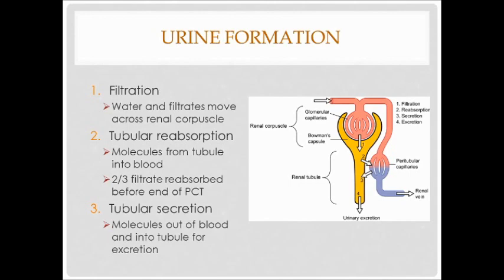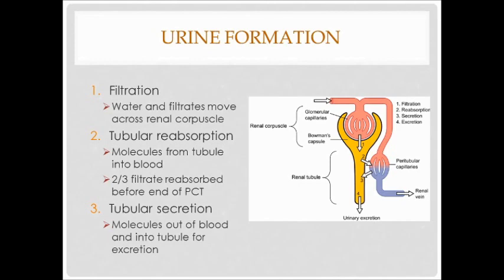So it's going to take any molecules in that tubule from that filtrate that need to be reabsorbed by the body and put them back into the blood. About 2/3 of that filtrate is actually going to be reabsorbed before the end of even the PCT. Different parts of the renal tubule are responsible for reabsorbing different things, but you guys don't have to know that for this class.